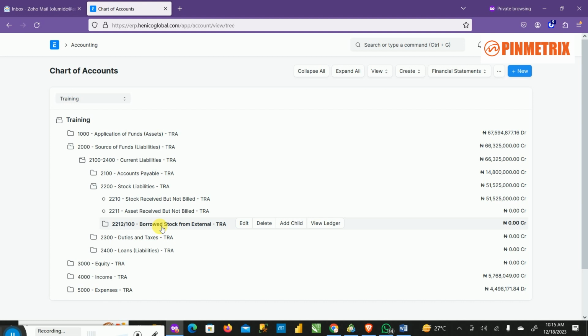It is also good to note that when you are borrowing stock into the system, because you are receiving stock, the system will definitely ask you for the cost of the product you are receiving. So there must be a unit cost price.